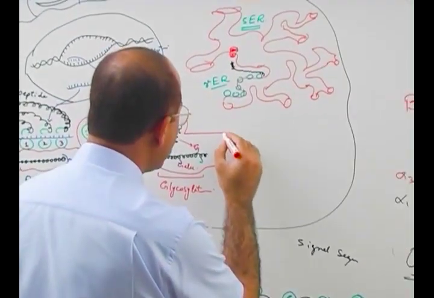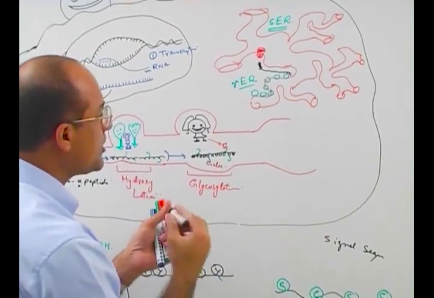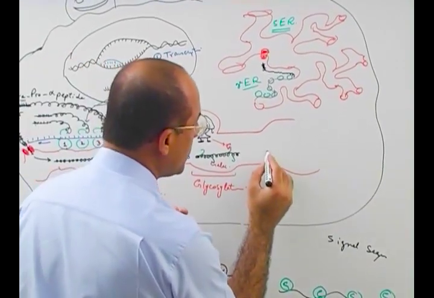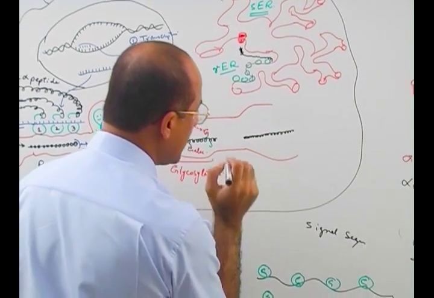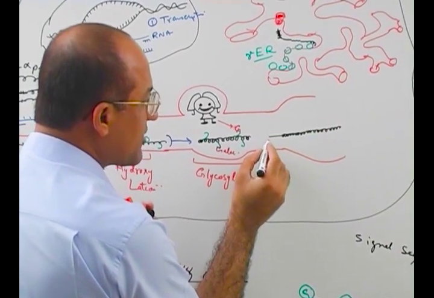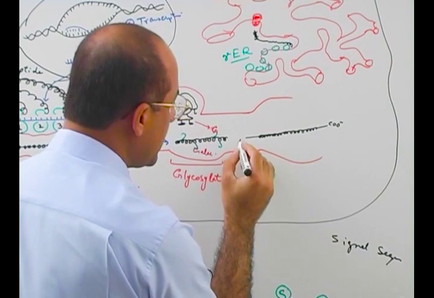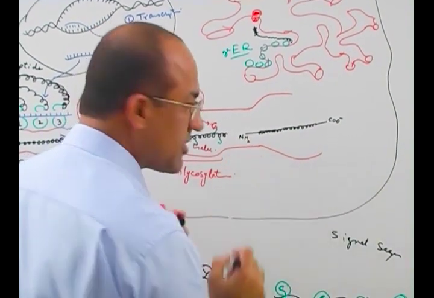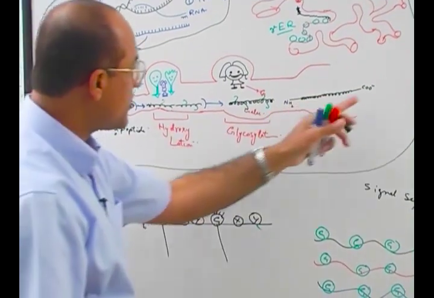Now what happens? Before that, one thing needs to be done. Look, this is the peptide chain, right? Of course, like all peptide chains, it should have one carboxyl and another amino end. There's no fun in telling you, people know these things. Now, this is one chain.